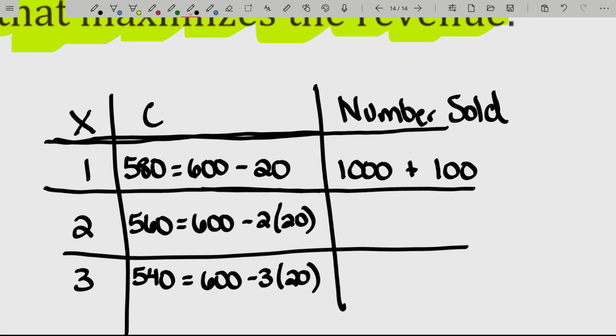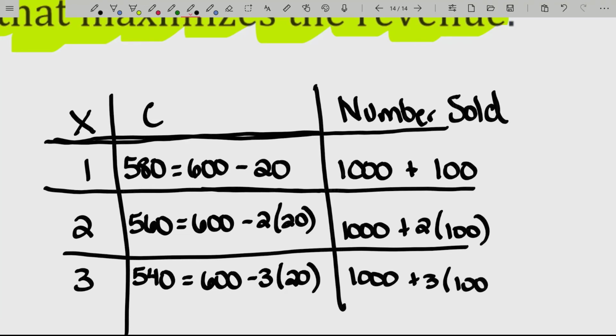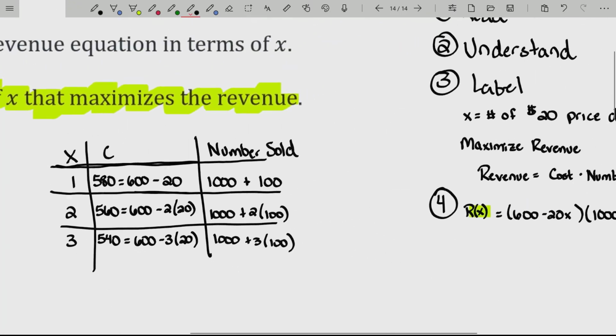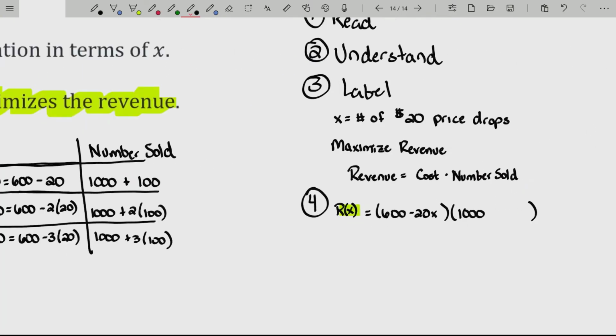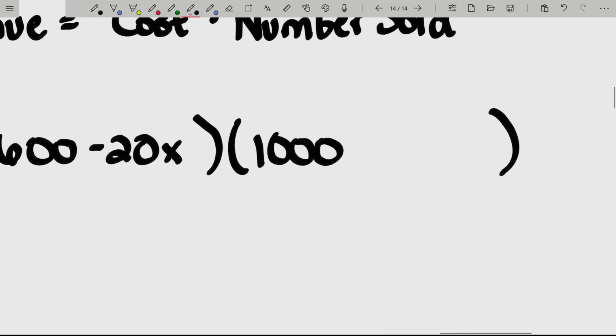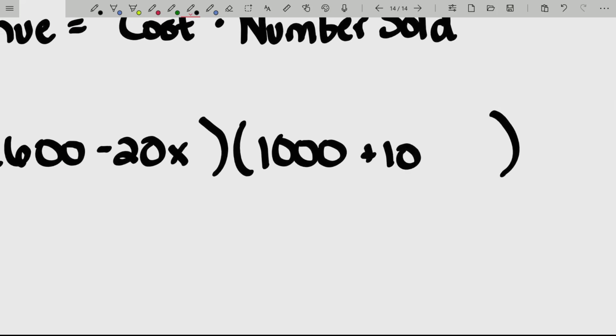If I drop the price twice, I will have the initial 1,000 plus 2 sets of 100 extra people showing up, and so on and so forth down the line. You can kind of see the pattern. So in general, if I did X price drops, I would have 1,000 plus 100 X people show up.